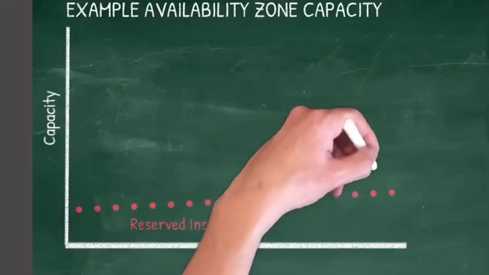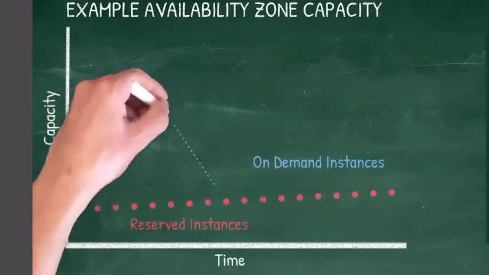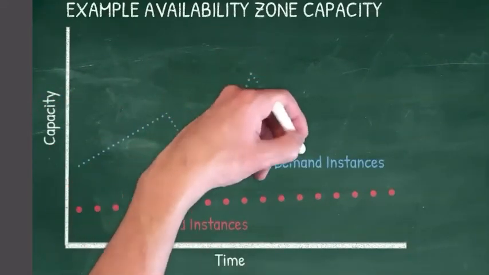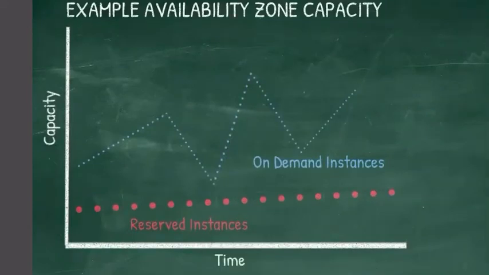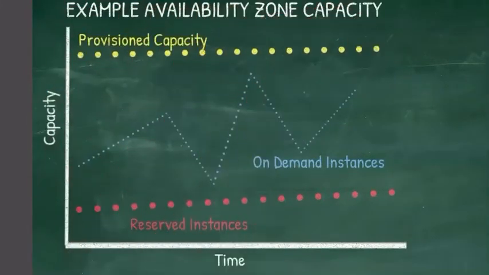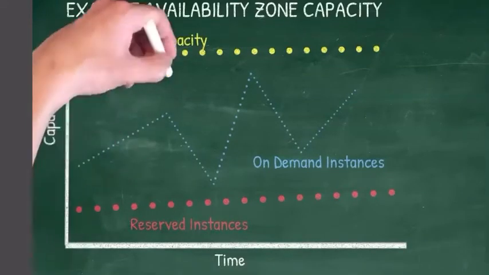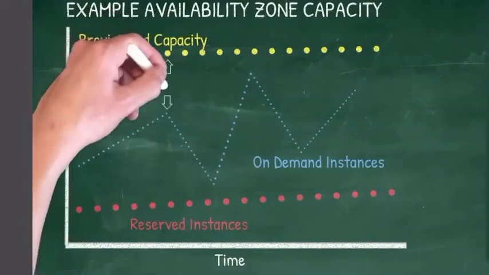The on-demand instance usage is determined by AWS customers' usage, which will go up and down based on customer demand, and is illustrated in the graph. Provisioned capacity is the amount of compute capacity within the example availability zone. Here we have highlighted the spare unused capacity.